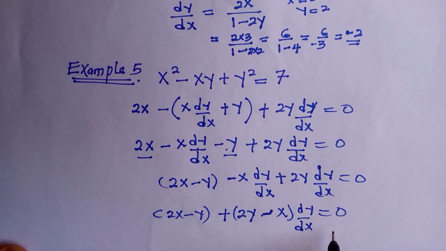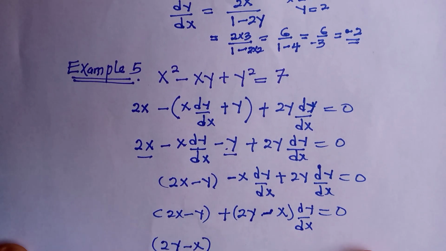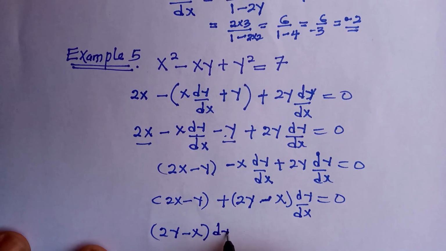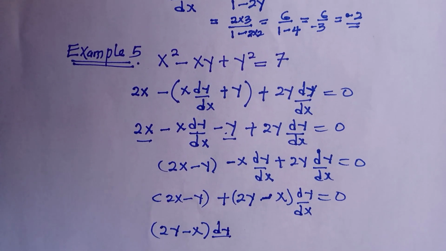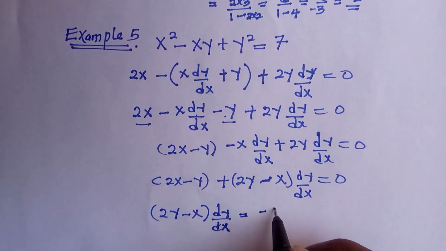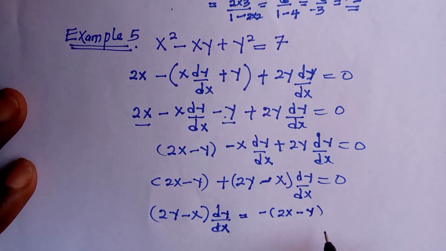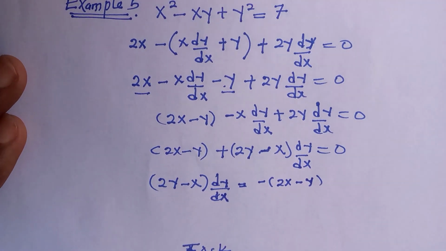And the next thing is taking 2x minus y to the other side, so we are going to have 2y minus x dy/dx equals minus open bracket 2x minus y. Don't forget, I've opened the bracket, so that is why the negative y doesn't change.